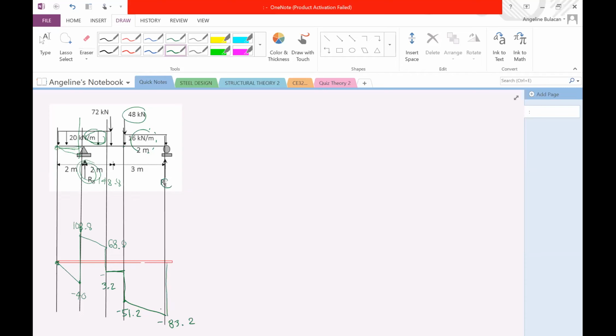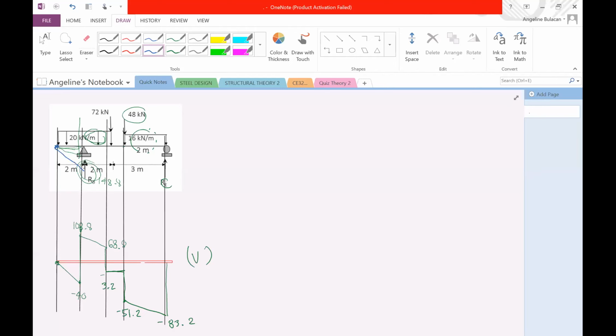So, uulitin ko yung nangyari sa beam, no? Kasi pwede mong ma-check yung beam mo just by looking at yung shear diagram, just by looking at the beam. So, from this point, sundan nyo, no? From this point, 0, tapos may 20 pababa, so bababa siya.